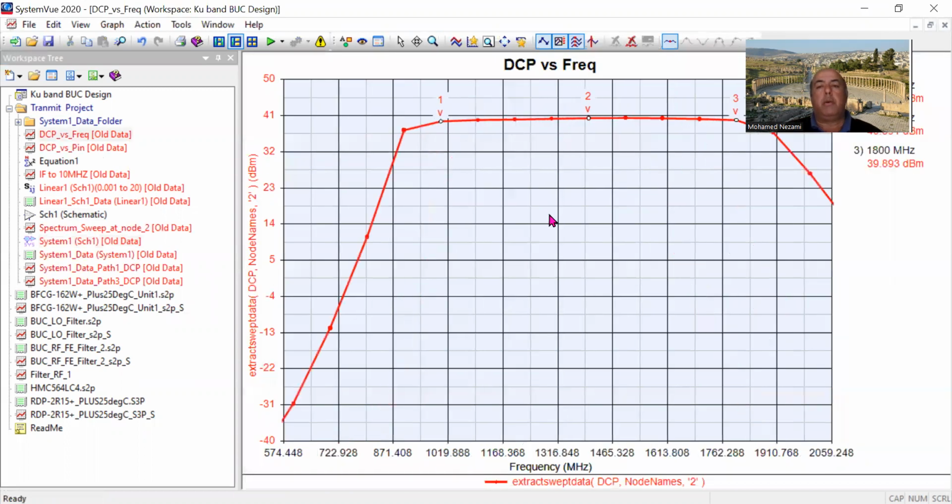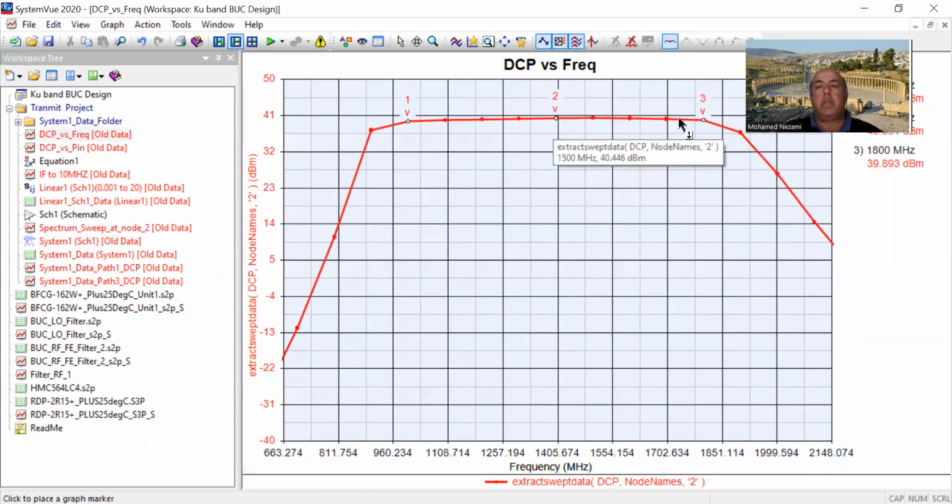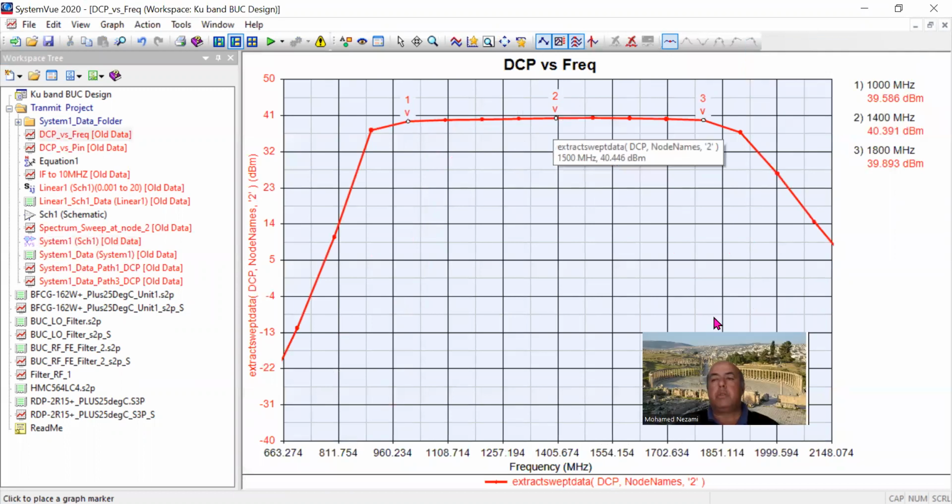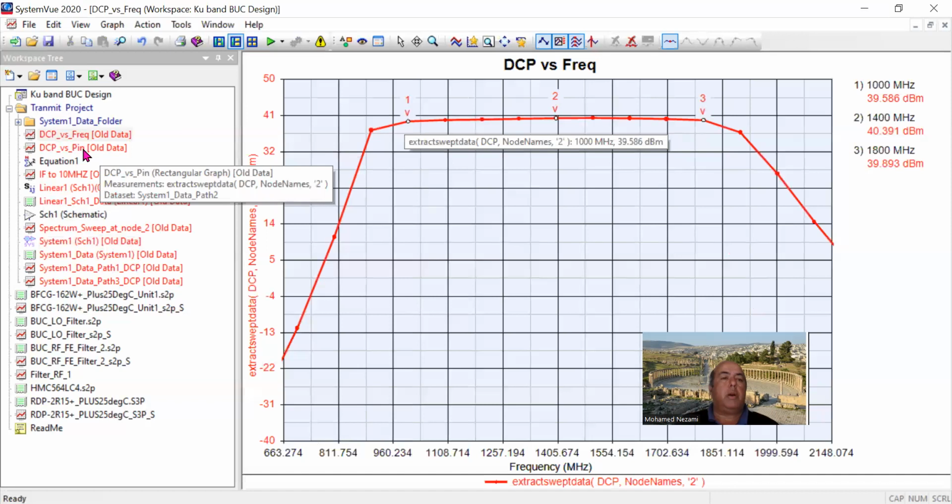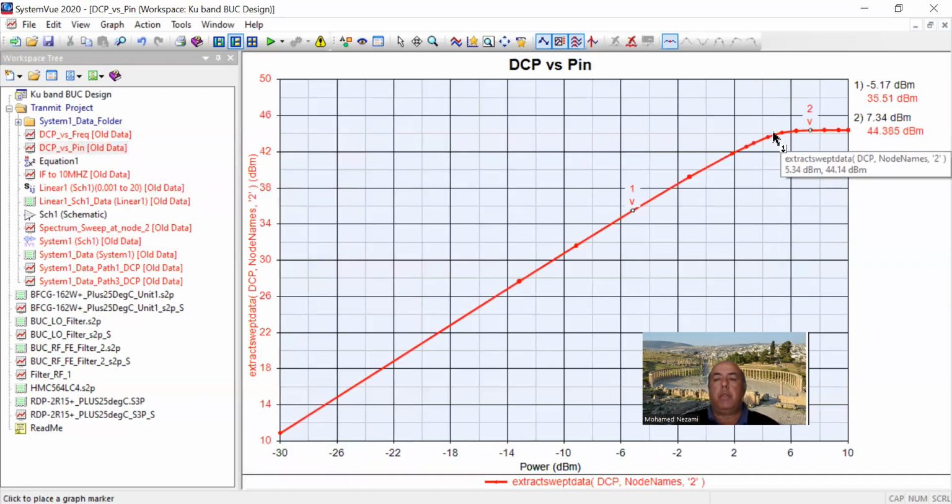So this is the frequency selectivity. At first, we can see that the signal is 40 dBm across, okay? The linearity of the front end, we can see how the system behaves as you drive from very low signals to saturation at 44 dBm, okay?